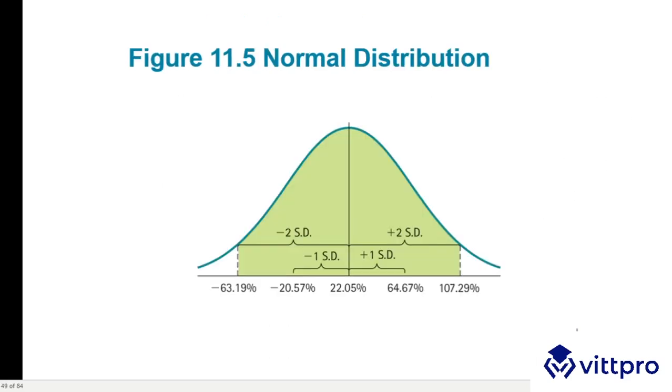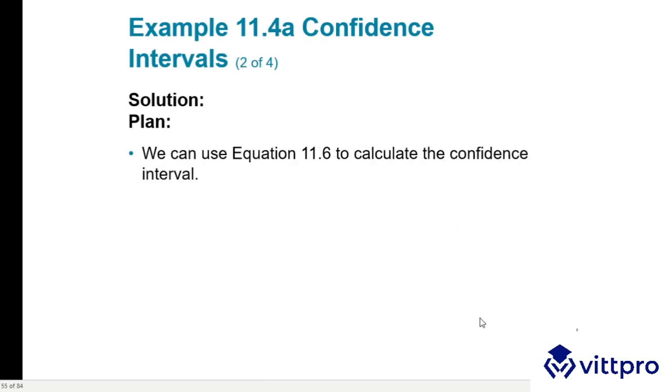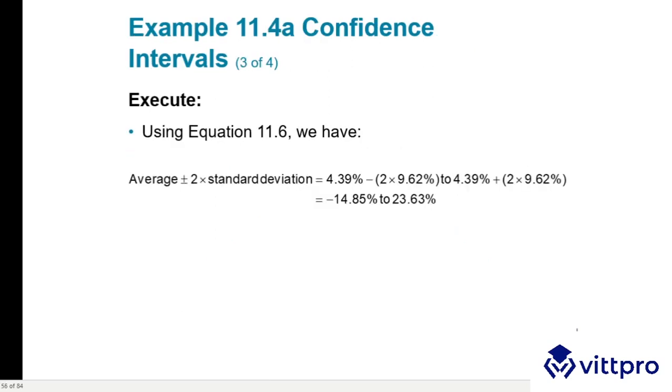The normal distribution says minus and plus both. So the range is 4.39% minus 9.62% to 4.39% plus 9.62%. What will be the result? It will be minus 5% to plus 14%. Since we are adding only one standard deviation, our confidence level will be only 66%.